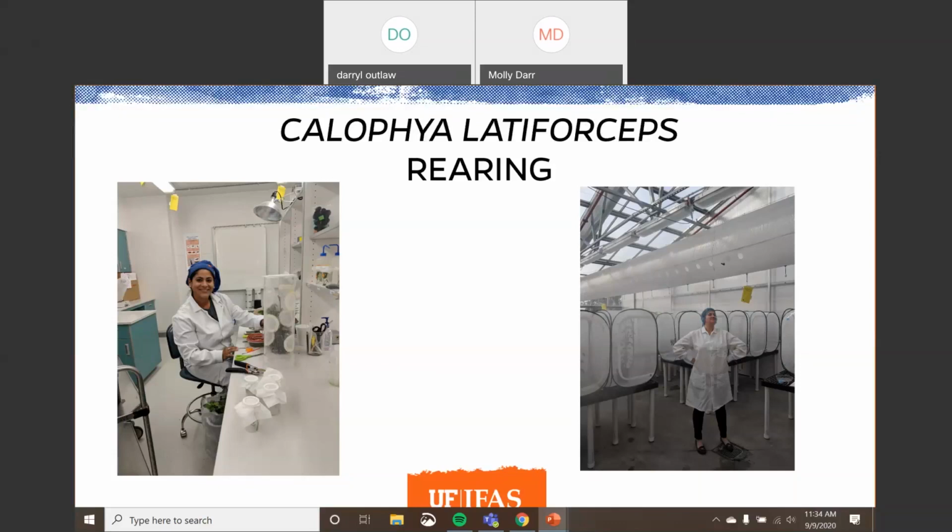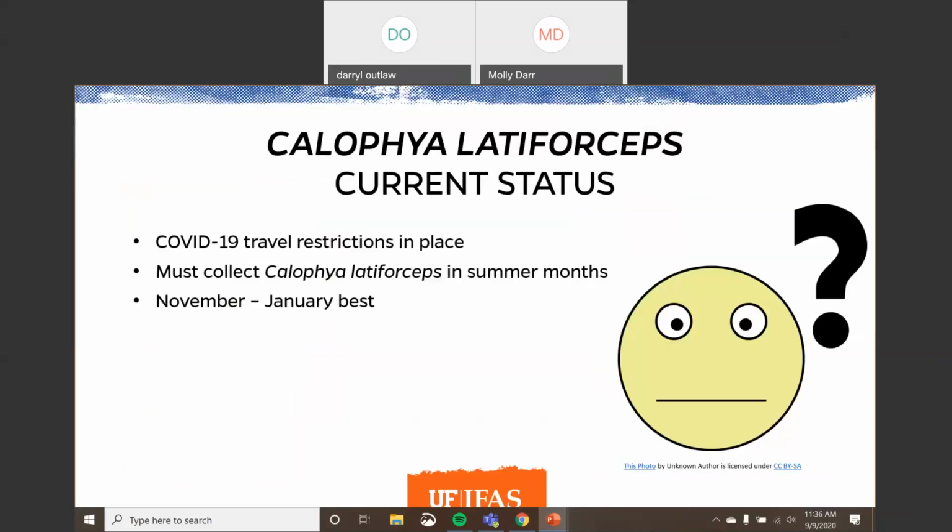Then we have to get these insects cleared by the Florida Department of Agriculture. So if the planets align and COVID disappears in a couple months, best case scenario, we can release these guys in mid 2021. But that is absolutely best case scenario. And at this point, doubtful. But we're going to persevere, and we're going to get down to Brazil as soon as humanly possible.